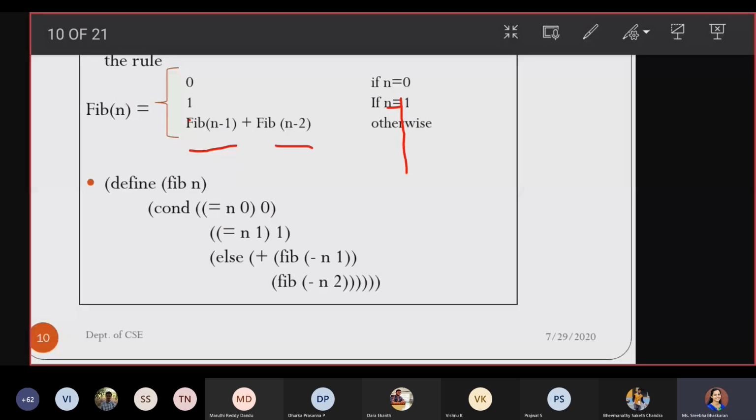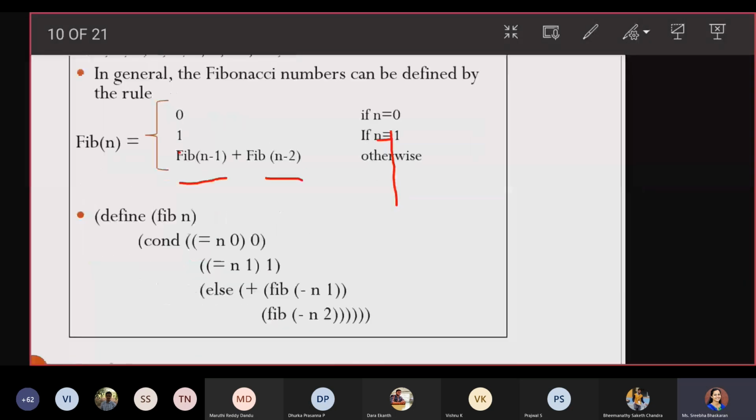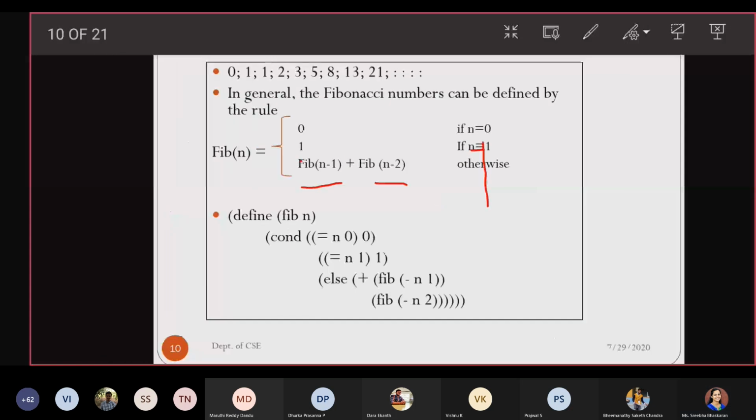Then close all the opened parentheses. Now if you see the structure of this procedure, in the else part we are calling the same Fibonacci procedure twice.